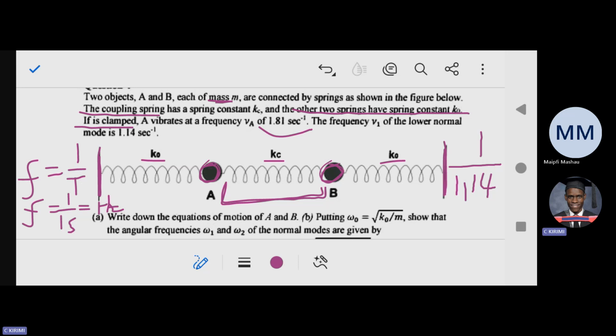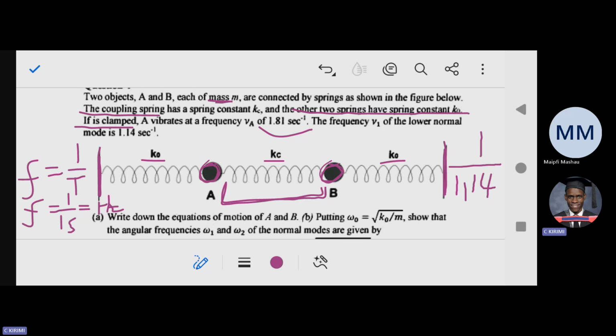It's clamped to that spring constant. That is the first part. Then for B, putting ω0, that is the angular frequency, which is the square root of k0 over m. K, your spring constant, over m.